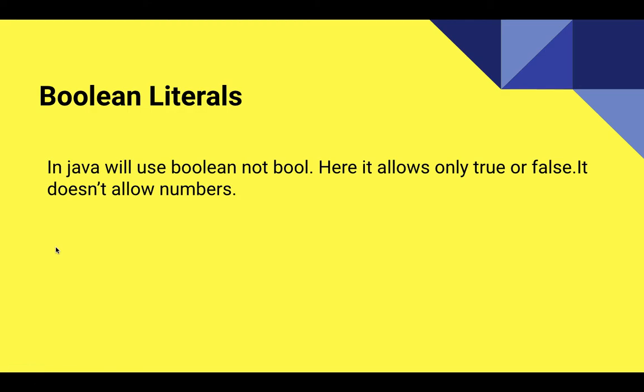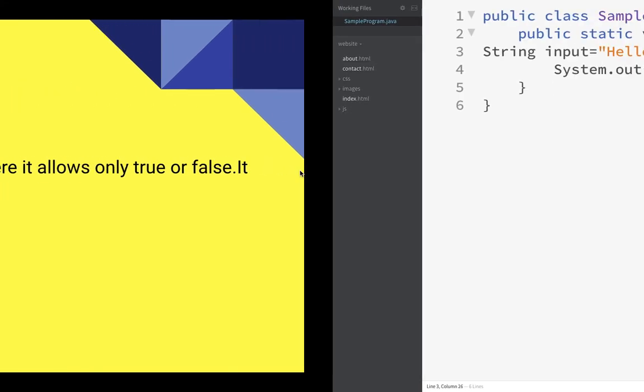Next one is boolean literals. In Java, we use boolean, not bool. Here it allows only true or false. It doesn't allow numbers.